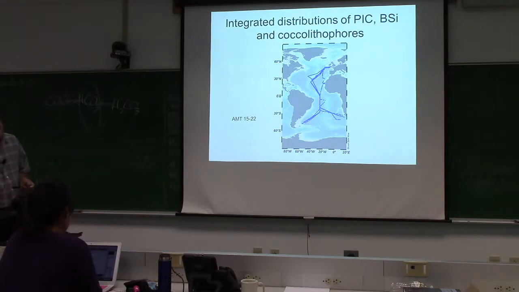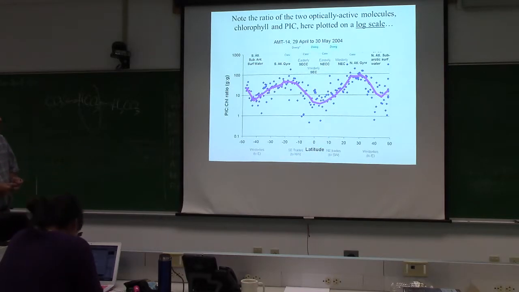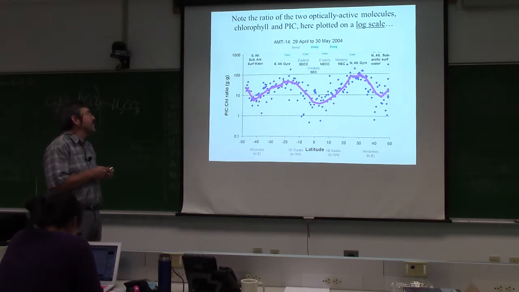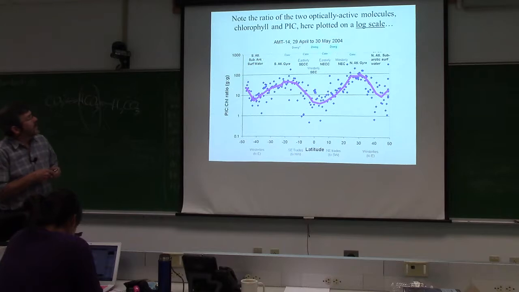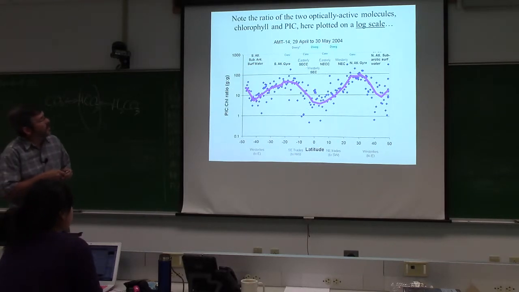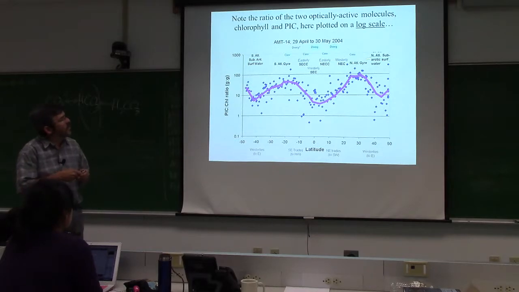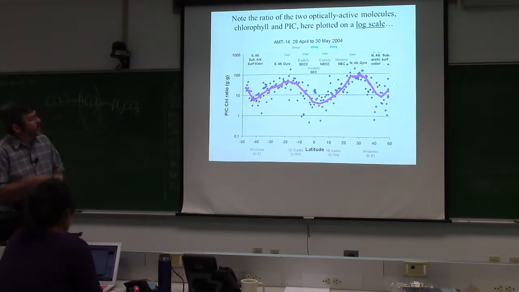we've looked at things like this. We've looked at the ratio, for example, of PIC to chlorophyll as a function of latitude. And I show all the different water masses here. This is the south equatorial countercurrent, north equatorial countercurrent. North is up here, south is down here.